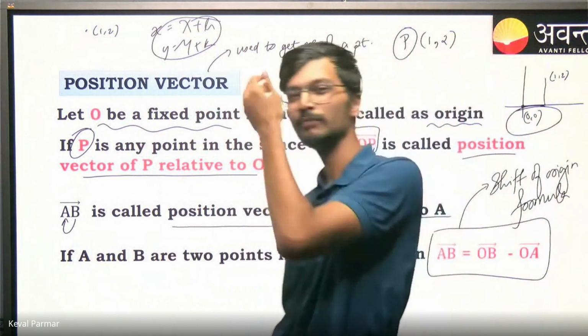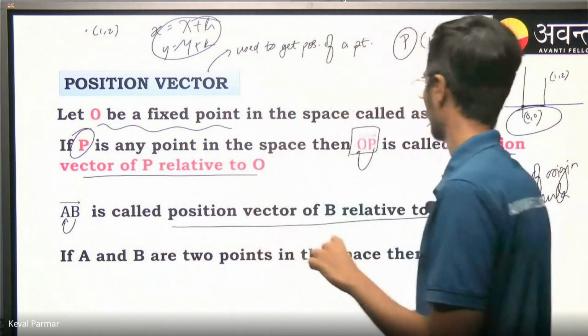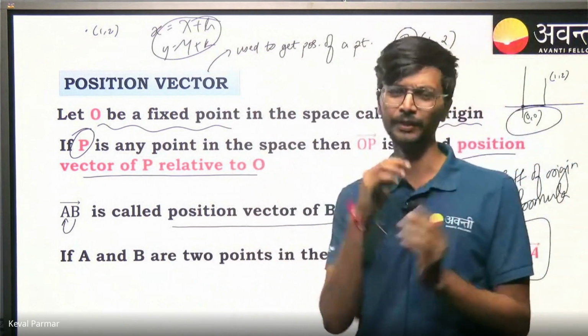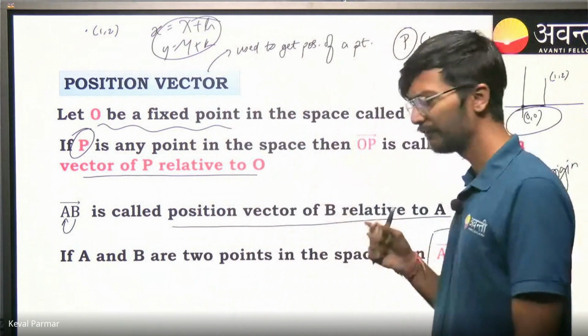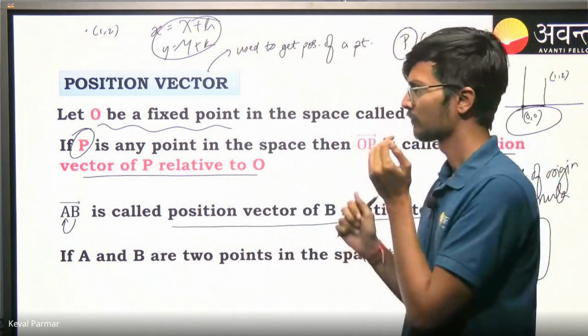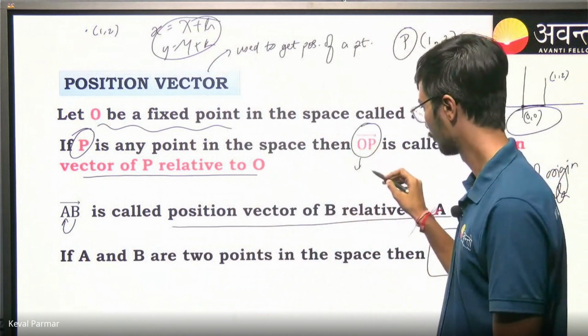So in terms of vector, I am introducing another notation. If I want the position of a point with respect to origin, there is no need to write OP bar every time. I can write OP bar as small p bar.